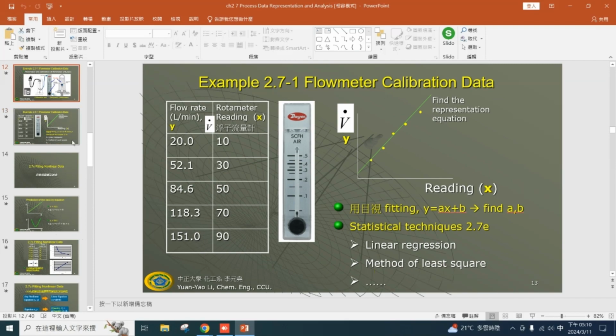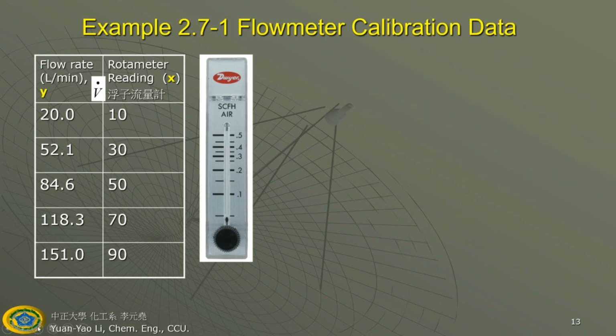So what I want to show you here is that you do the experiment 5 times. You know the reading here, this is X: 10, 30, 50, for example, 70, 90. When you get the flow rate, this is the true value because you did the calibration.